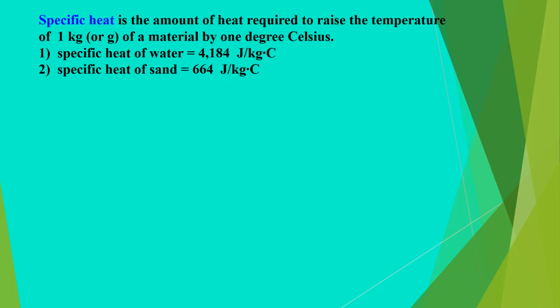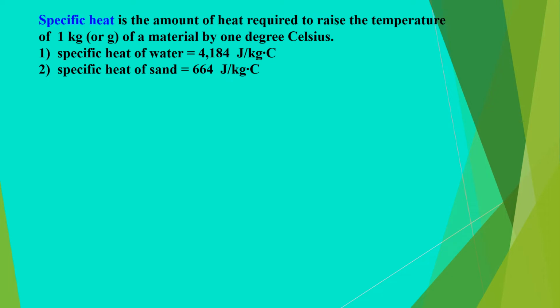Specific heat. Specific heat is the amount of heat required to raise the temperature of 1 kilogram or 1 gram of a material by 1 degree Celsius. For example, the specific heat of water is 4,184 joules per kilogram per degree Celsius, or the specific heat of sand is 664 joules per kilogram per degree Celsius.